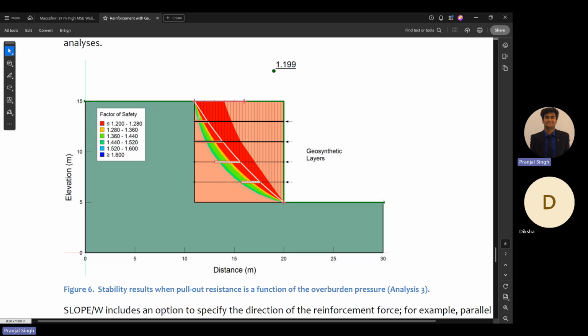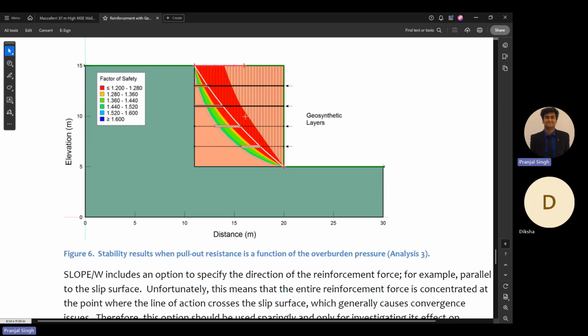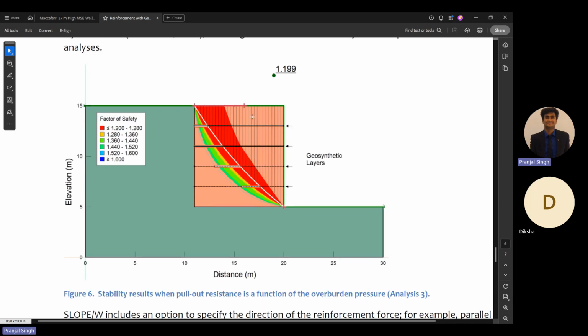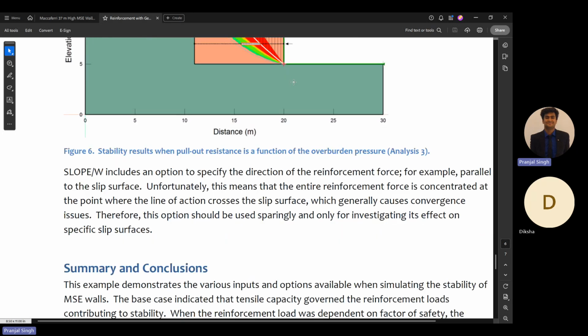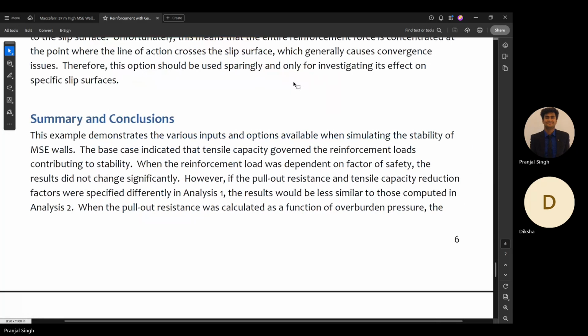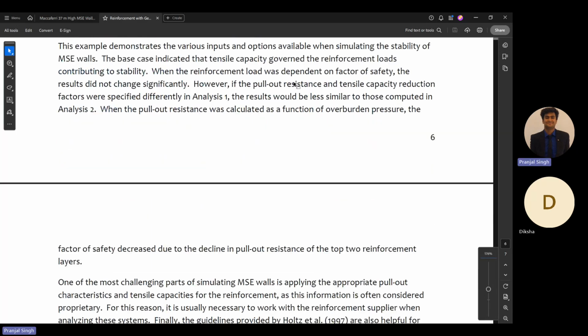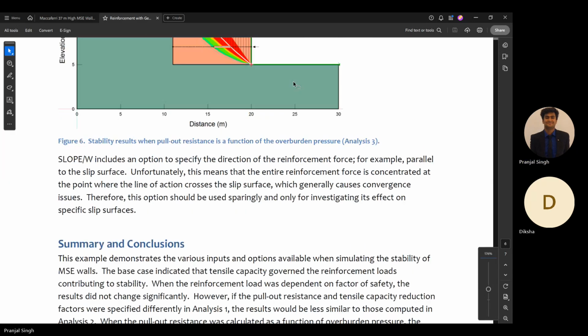That means it will not be able to provide a resistance of 120 kilonewtons, but rather whatever is the pull-out resistance corresponding to this embedment length. Since this value is not being used, the factor of safety has reduced significantly from 1.5 to almost 1.2. So this is the case.